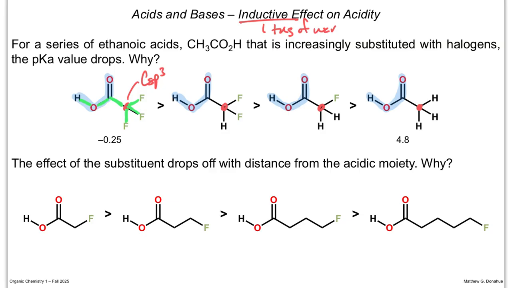And as they tug through that, one way to think about it is this OH bond is getting weaker. So if we imagine that H kind of stationary, the fluorines are pulling, and that's pulling the oxygen away from the H.